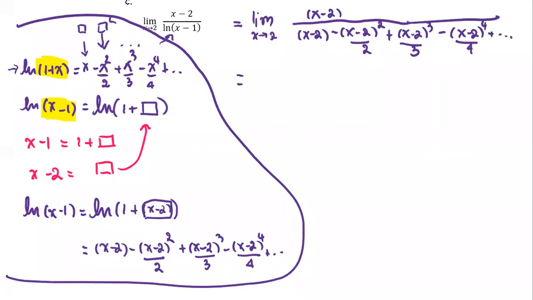We notice the same factor, x minus 2, appears everywhere. We're going to treat it by dividing both numerator and denominator by x minus 2.